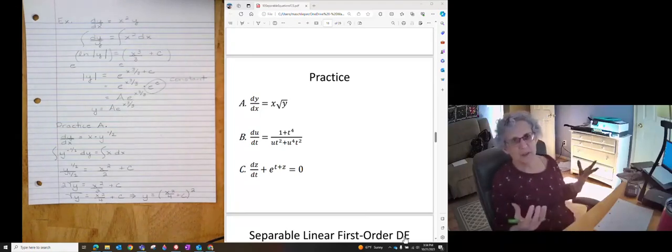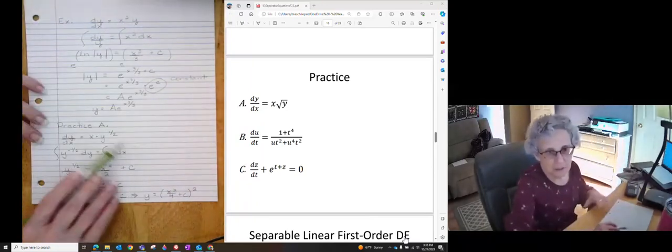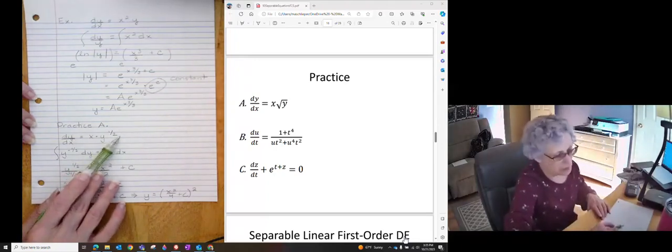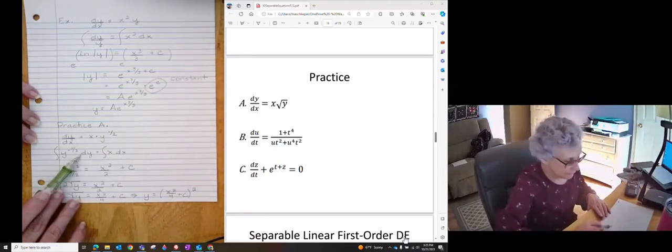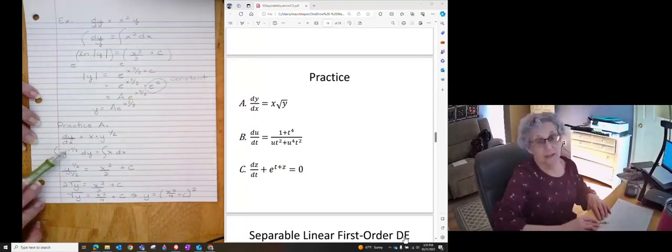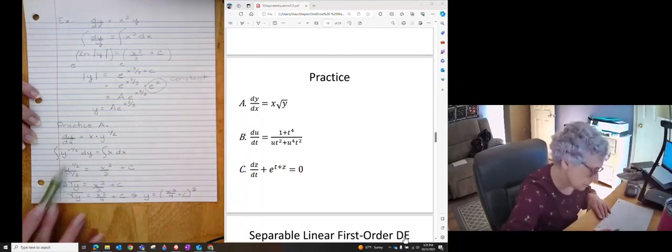How'd that one go? It was very similar to the previous one. We had x squared times y, and this one we just had x times the square root of y, which I went ahead and wrote as y to the 1/2 power. And then when I divided both sides, I wrote it as y to the negative 1/2 power on the left-hand side.